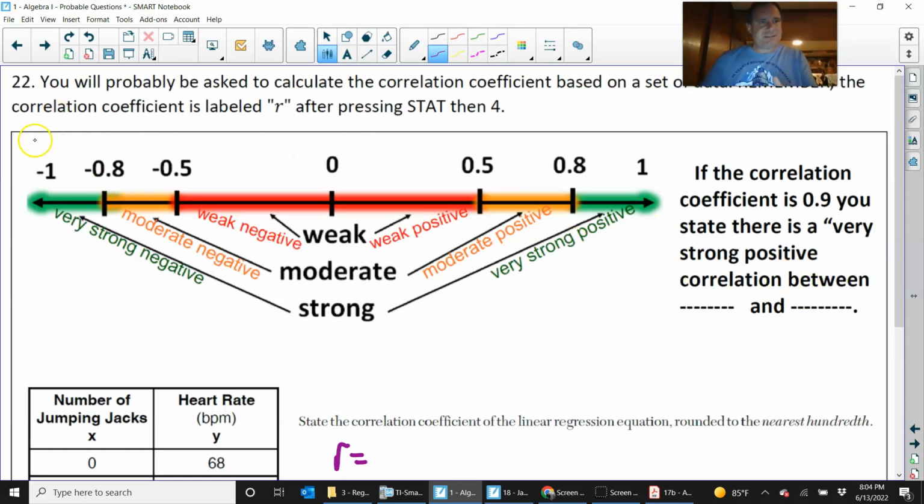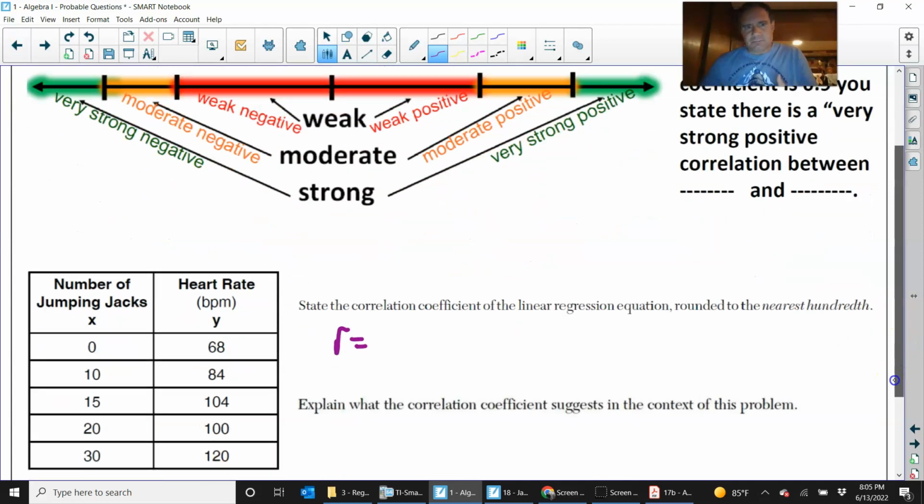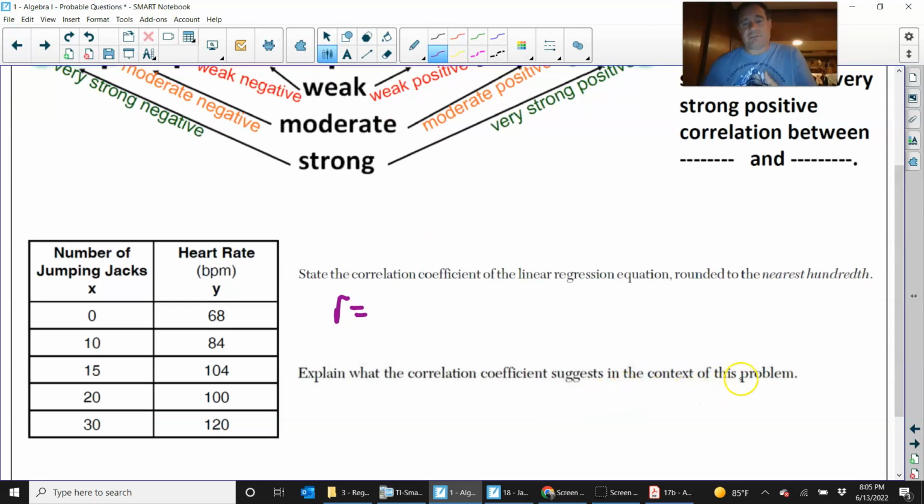Do you see this graphic here that I put? This is how you're going to explain what the correlation coefficient is, because they always ask the correlation coefficient and then they ask a backup question like this: explain what the correlation coefficient suggests in the context of the problem.